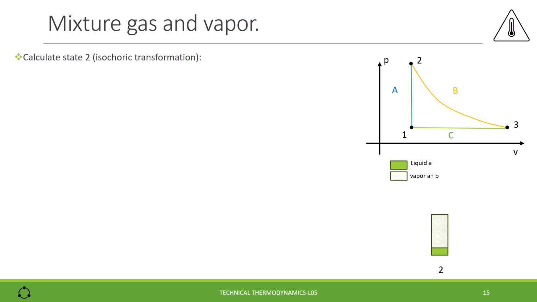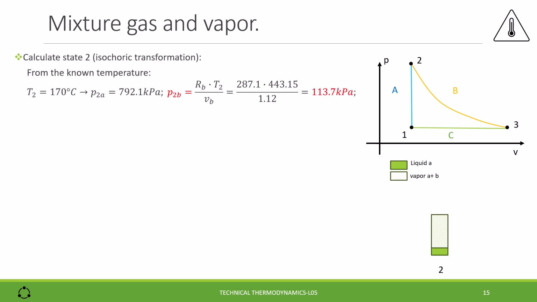We calculate now the state 2 after the isochoric transformation. From the known temperature T2, 170 degrees, we calculate the pressure 2A, that is a function of the temperature. The pressure 2B with the state equation, we find 113.7 kilopascal.